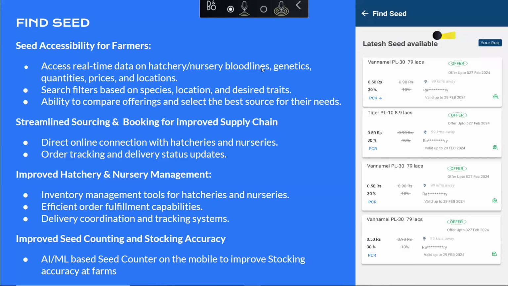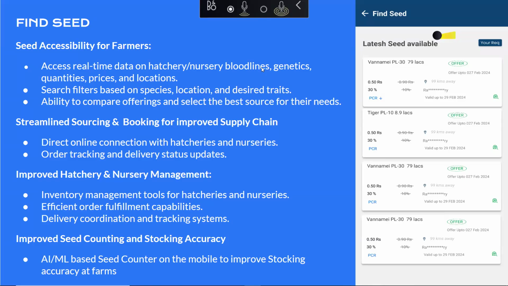And the hatcheries are also benefiting through this because there is direct connection with the farmer. There is no middleman, and once they use it for a year or more, they are able to gauge the demand. When there is demand, they can plan their production accordingly and control overproduction.